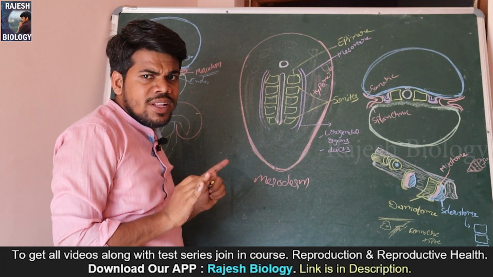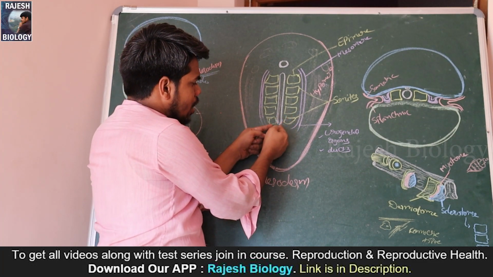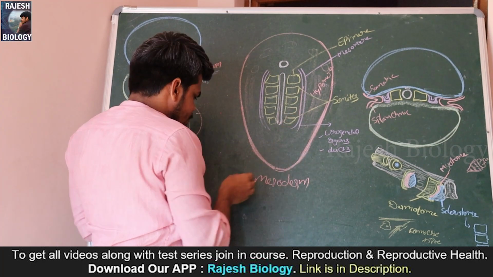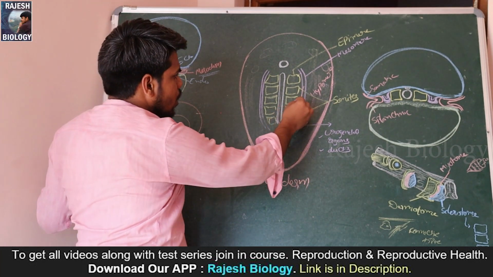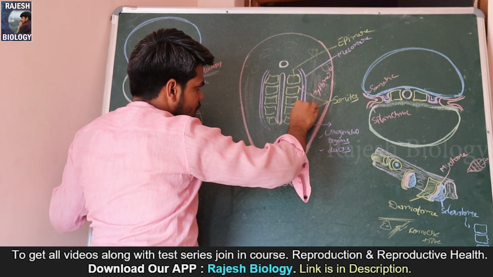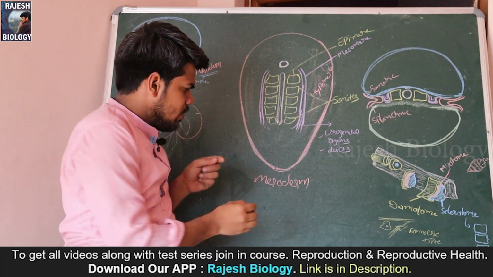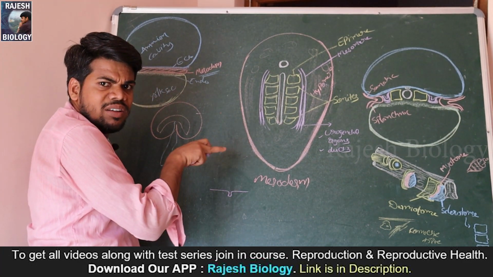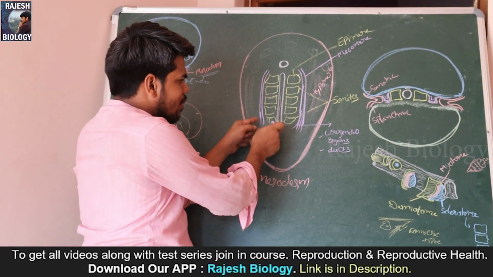On either side of the notochord, in the mesoderm, a groove will develop. This is a purple color groove I draw here. Groove means a fold. Within the mesoderm a groove develops, that is a mesodermal groove.